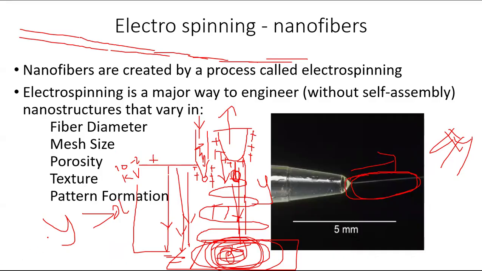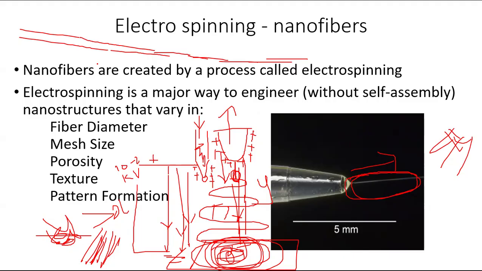And if you want a pattern formation, where you don't need the fiber mesh as a mesh but need to arrange those nanofibers in a specific arrangement, all these can be controlled, including the fiber diameter, mesh size, porosity, texture, and pattern formation. Everything can be controlled by controlling different parameters of the electrospinning operation.